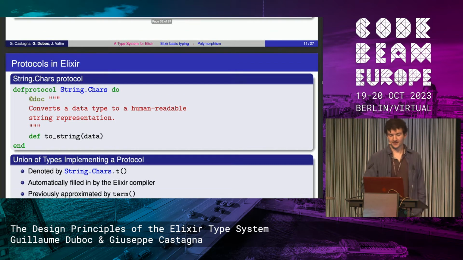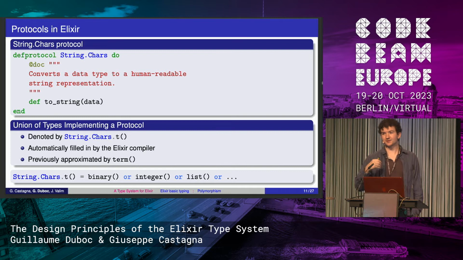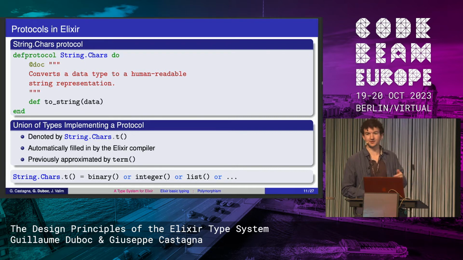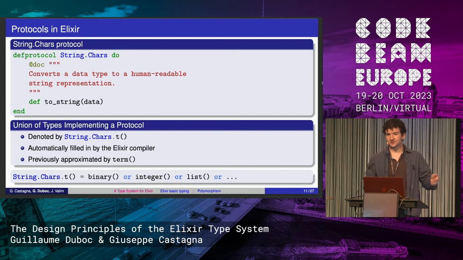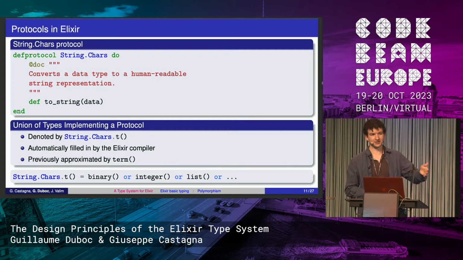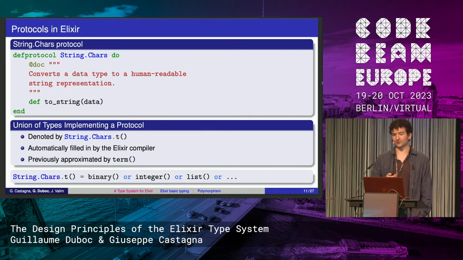But if we have precise union types, we can now construct the precise type of all data types that implement this protocol. And for String.Chars, it's going to be, well, the base ones, binaries, integers, lists, and any custom types for which you've defined the to_string function.